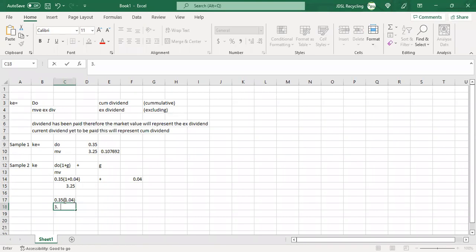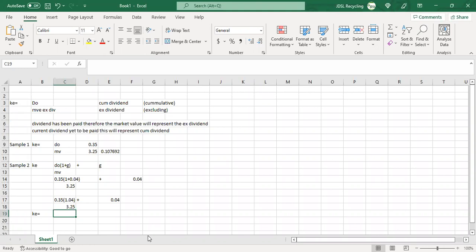Can somebody figure this out? 0.35 multiplied by 1.04 gives 0.364, divided by 3.25, and the final answer will be plus 0.04.